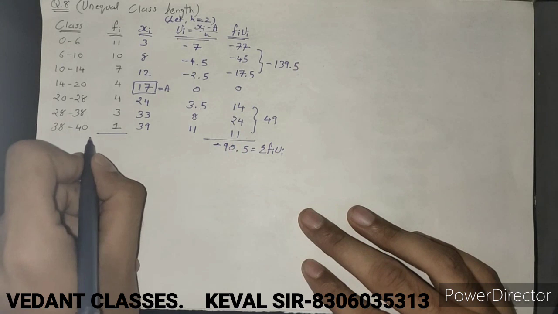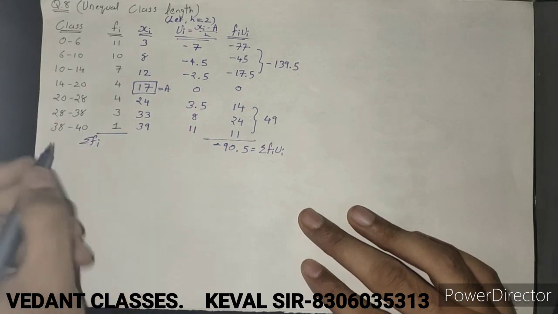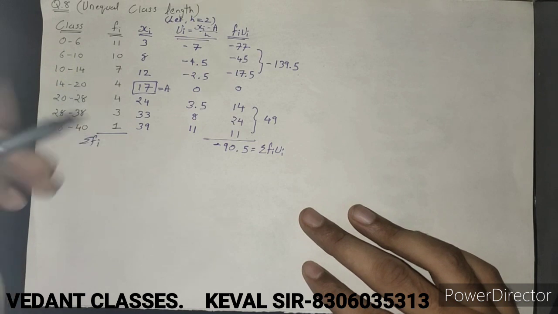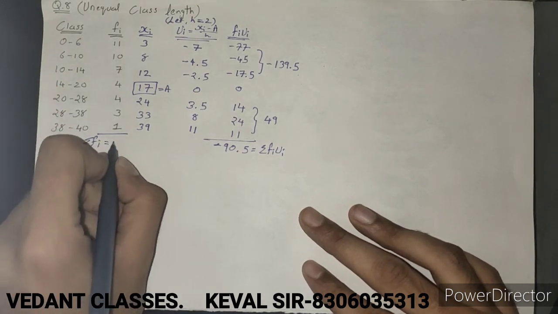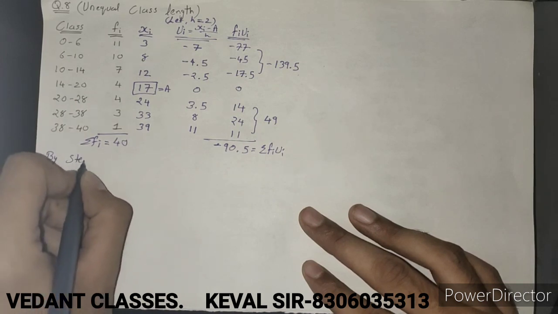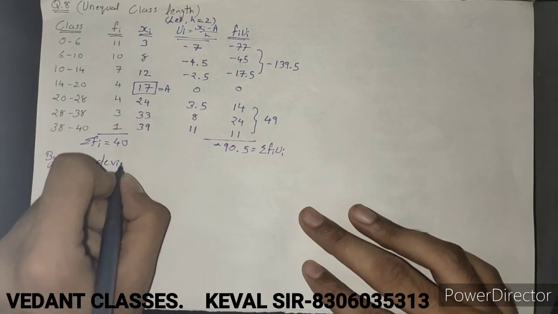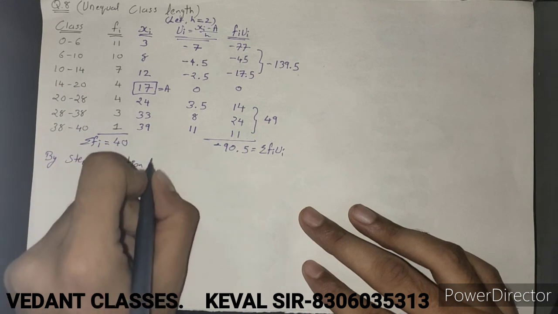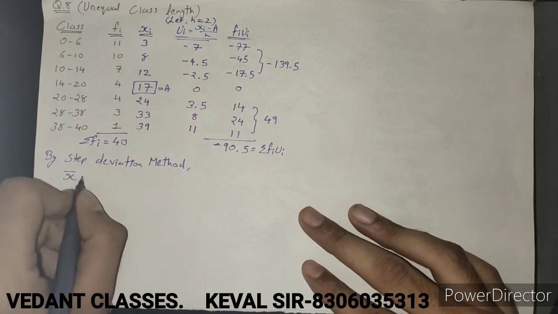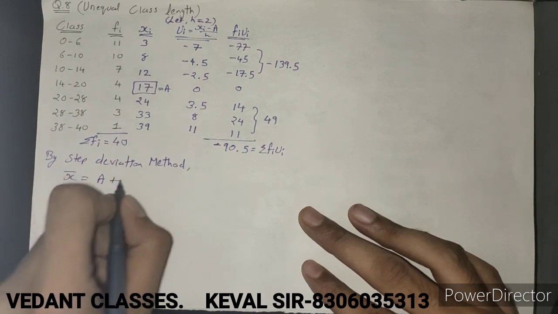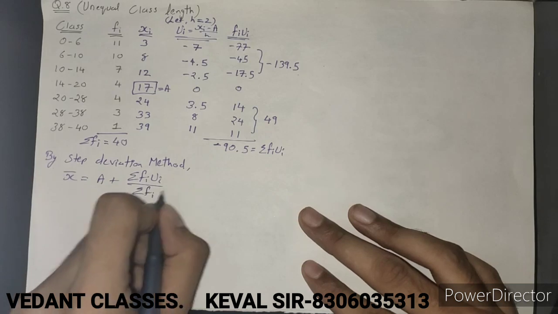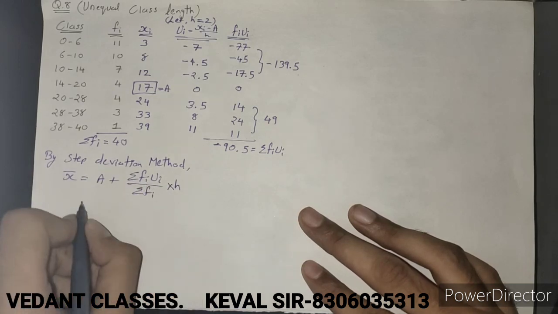So let's calculate the value of sigma fi. The value of sigma fi is 40. So by the step deviation method, x bar is equal to a plus sigma fi ui upon sigma fi into h.